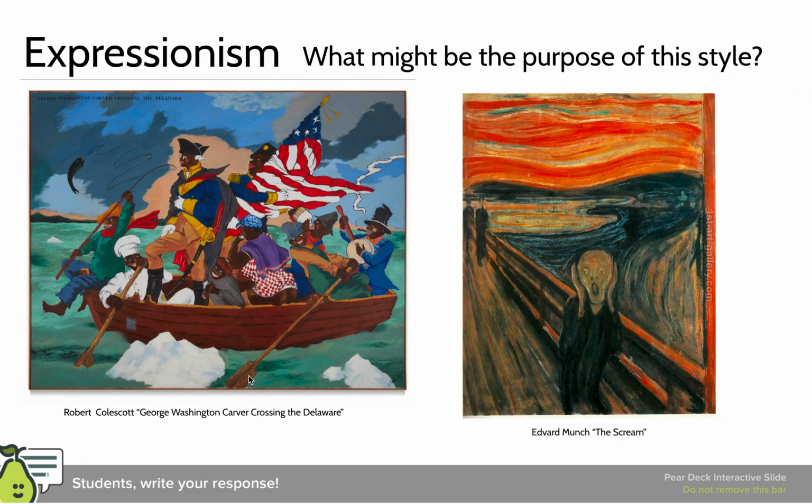Okay, so here we can see that Robert Colescott, again an African-American painter predominantly working in the 1990s, often would take famous paintings and recontextualize them in order to bring a greater understanding of the Black experience within a predominantly white-dominated system in American society, right?